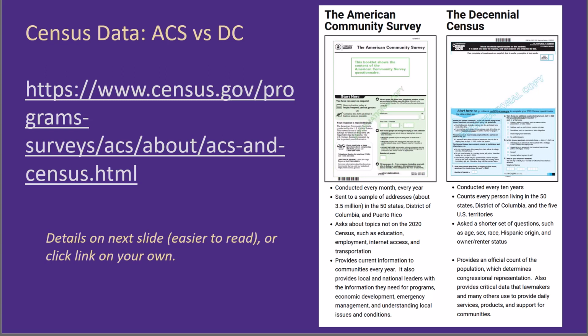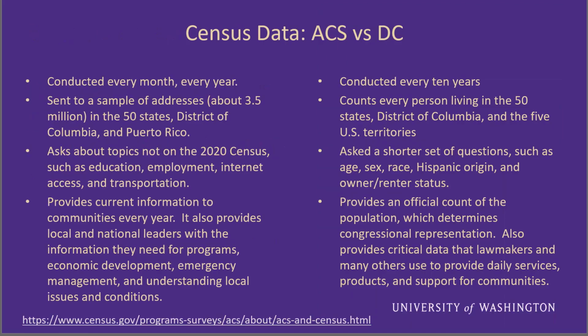The decennial census is quite basic in terms of what it collects. It's a count, and it's a count of people and where they live. These are the differences. I won't read them to you. I know you can read, but feel free to pause and browse through this to get a sense of the differences between the American Community Survey on the left and the decennial census.